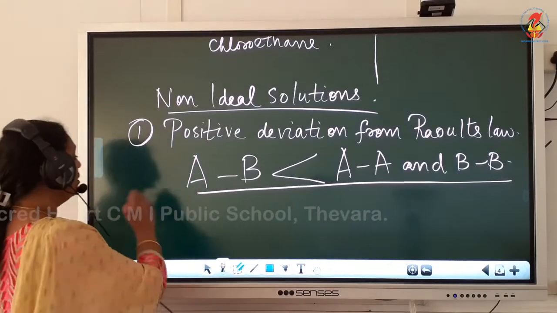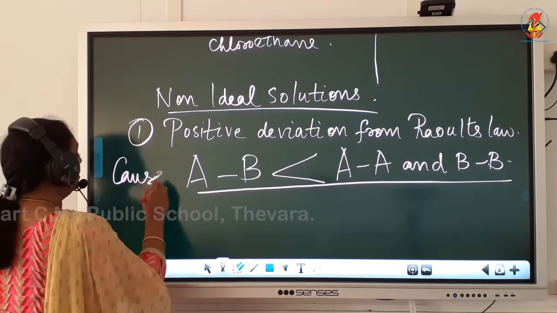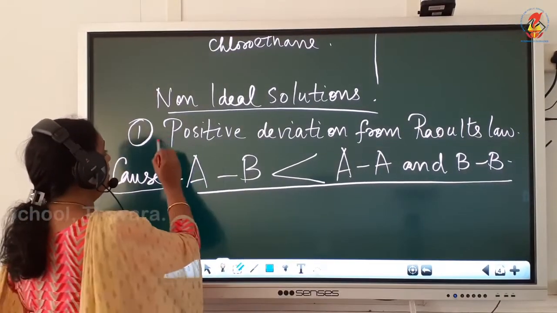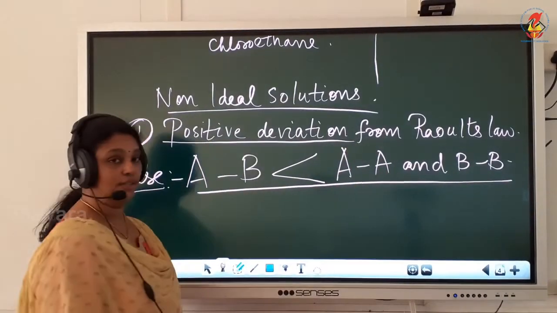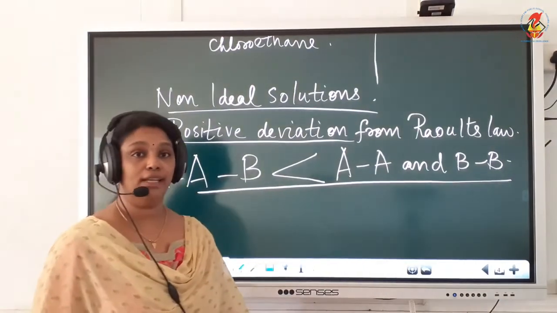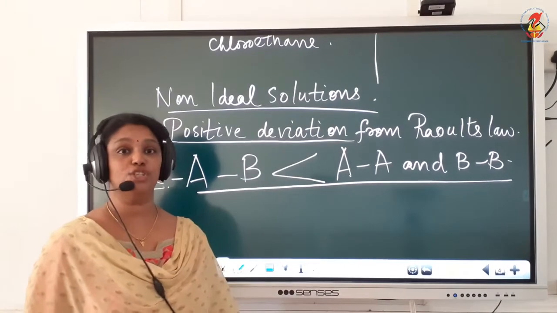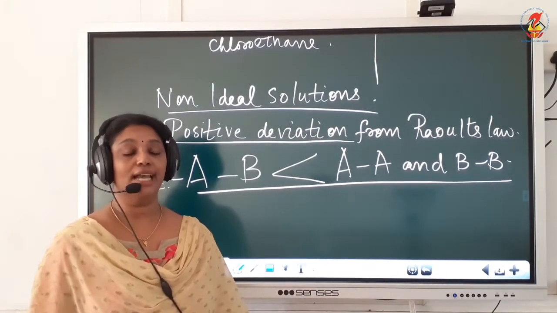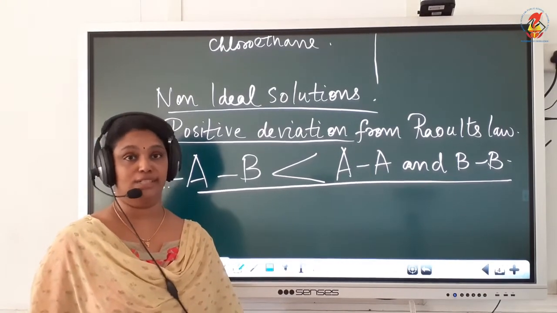So this is the cause or reason for non-ideal solutions showing positive deviation from Raoult's law. That is, the molecular attraction between solvent-solute is weaker than solvent-solvent and solute-solute interactions.